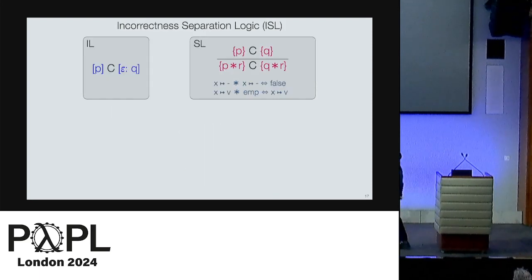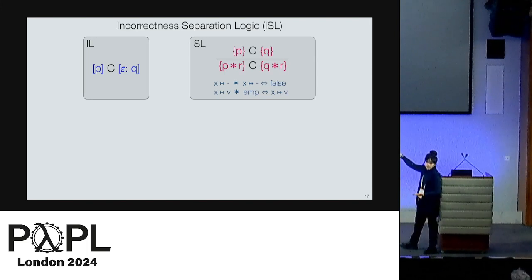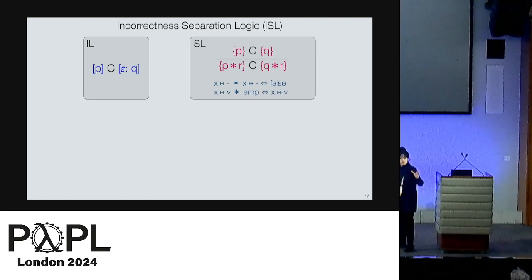So now we want to take this incorrectness logic that you saw, and put it together with the main hero of separation logic that does most of the heavy lifting, the frame rule. Just a refresher, the frame rule says, if you manage to prove a specification P C Q, as in you go from states P to Q, then you can extend your states and derive a similar specification when you start in a larger state by tacking on additional resources R on both sides, provided that those resources are disjoint or compatible, whatever notion of separation, that's what the star means.